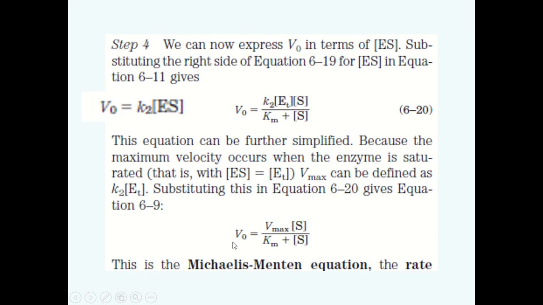It is not important for you to remember the entire derivation, but you are required to remember the Michaelis-Menten equation: V naught equals Vmax S over Km plus S. Michaelis and Menten were the people who deduced this expression, so the equation is named after them.